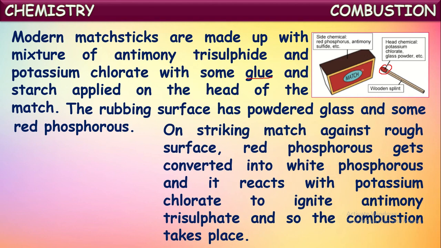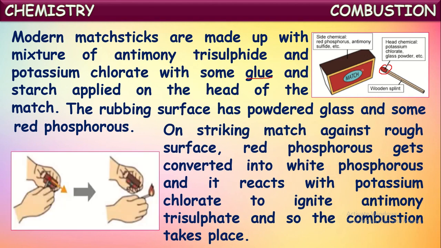On striking the matchstick against the rough surface of the matchbox, the red phosphorus converts into white phosphorus and reacts with the potassium chlorate in the matchstick head, and it ignites antimony trisulfide. So combustion takes place and it starts burning.